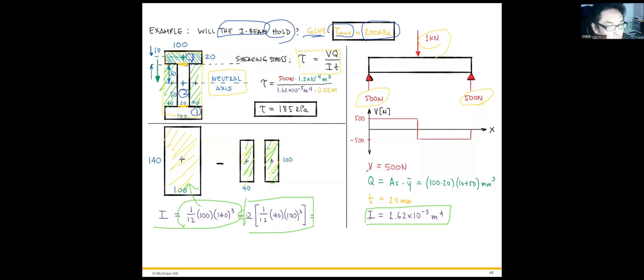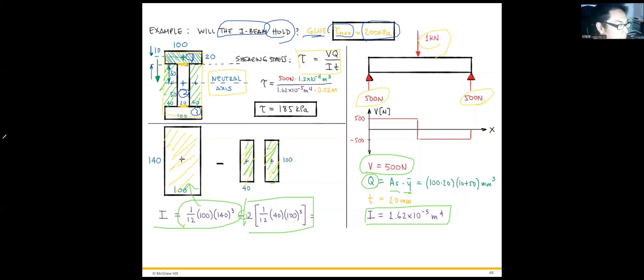Then we know the shear force applied to this cross section equals 5 Newton, from this shear force diagram. Therefore Q, the first moment of area, is AS times Y bar. Y bar is the distance from the centroid to the neutral axis.